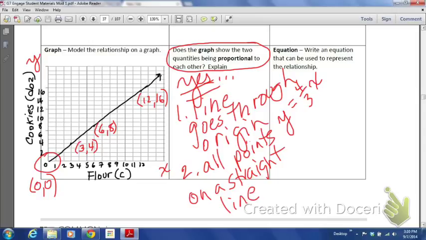Or it could be y equals 1 1/3 x. We could also round: y equals 1.3 x, rounding that way as well. So any of these equations would have worked.